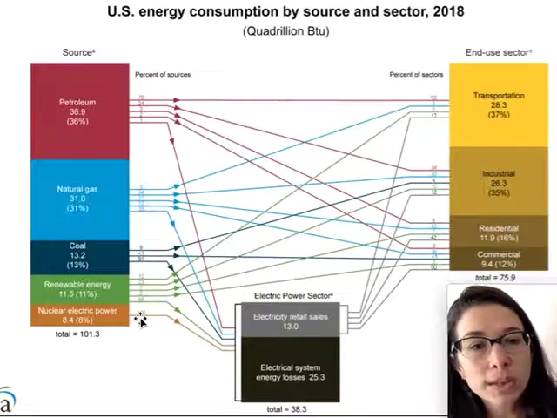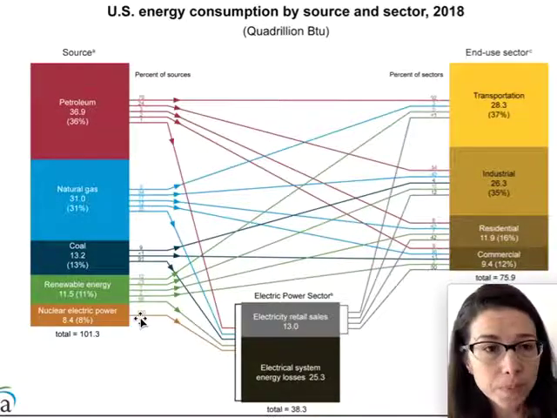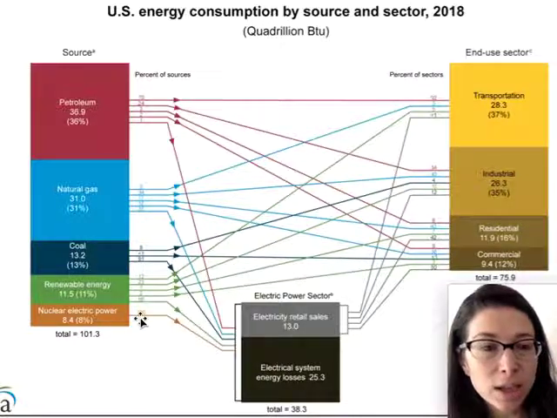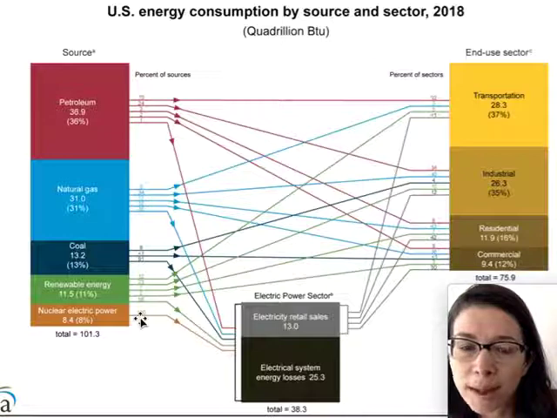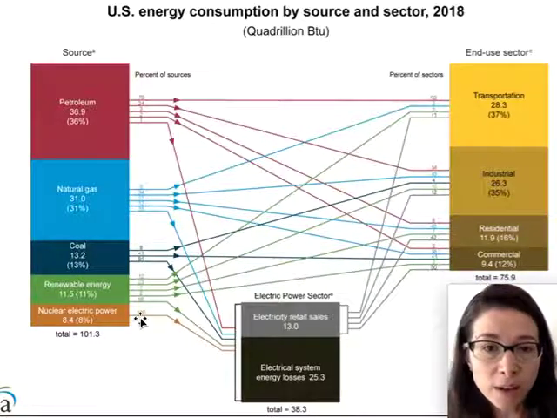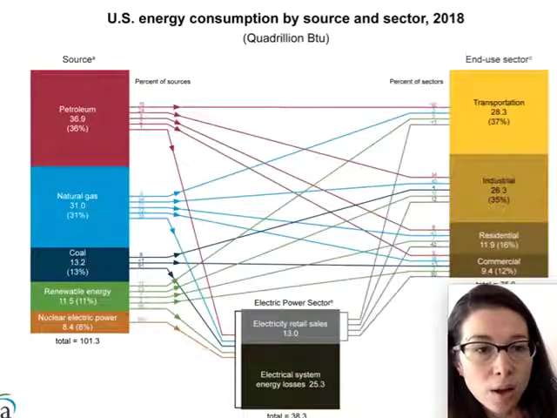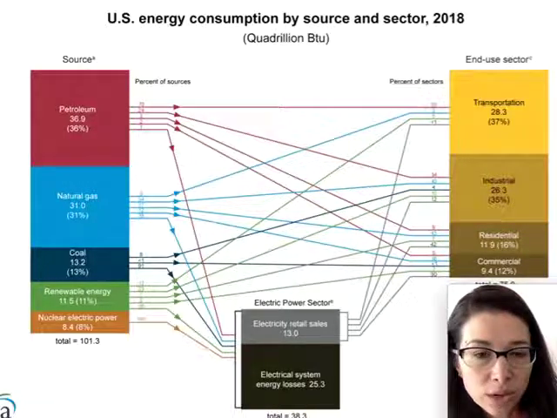So how are we using these resources, and what are we using them for? So we have petroleum, natural gas, coal, renewable energy on this left-hand panel. This is kind of a confusing way of showing the data, but I like it because they include the numerical values on each of these lines. So all of these sources of energy go to either end use, in these yellow bars on the right here, or go back into generating more electricity, in those black and gray bars.